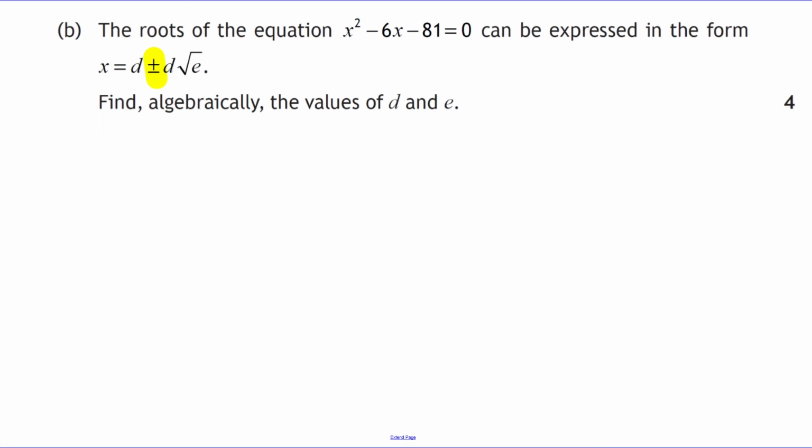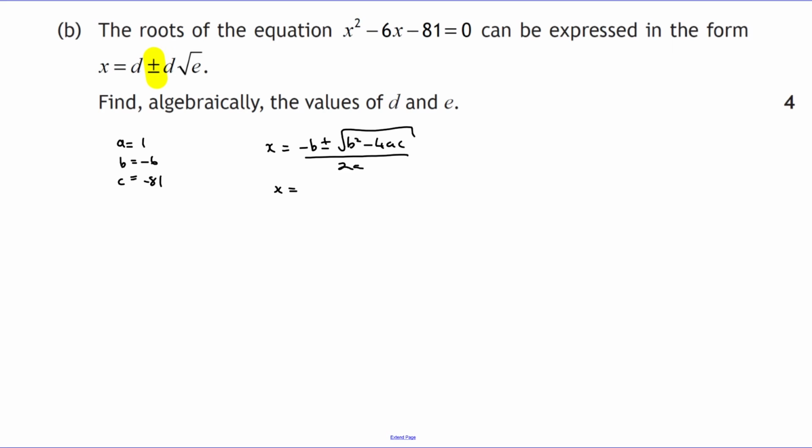That's the only place in National 5 you'll see the plus or minus sign come into play. We want to use the quadratic formula, so we need a, b, and c values. So a is 1, b is negative 6, and c is negative 81. So the quadratic formula again from the formula sheet, and there's that plus or minus all over 2a. And we're just going to play on through that until we get to the end.